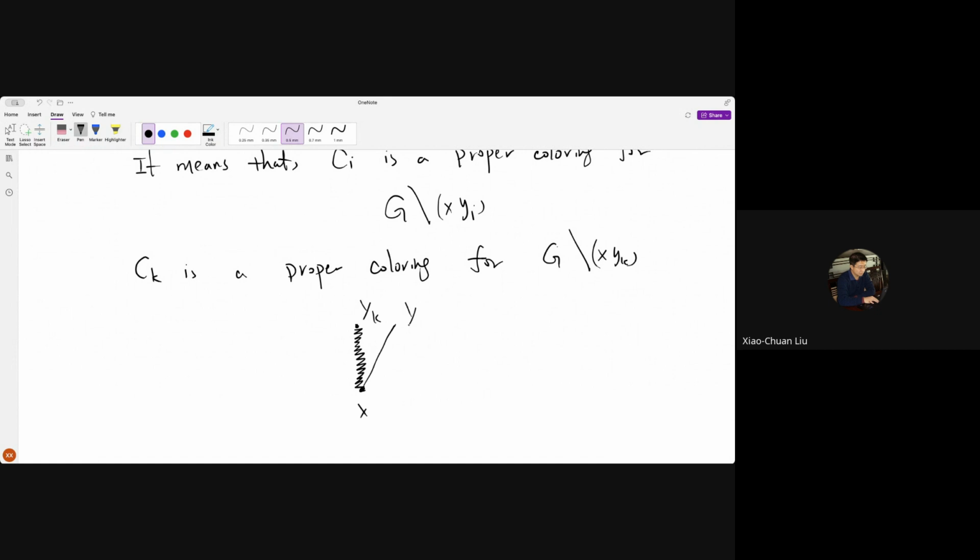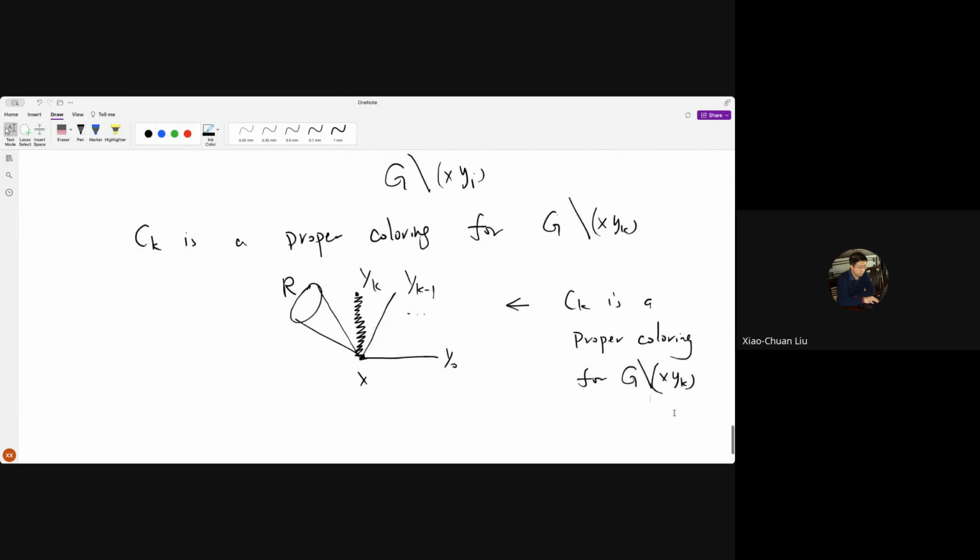And I have all the edges before it because we moved it. So here you have y0. And here is the original remaining vertices. So CK is a proper coloring for this graph, for G minus x yk. This is step 2.